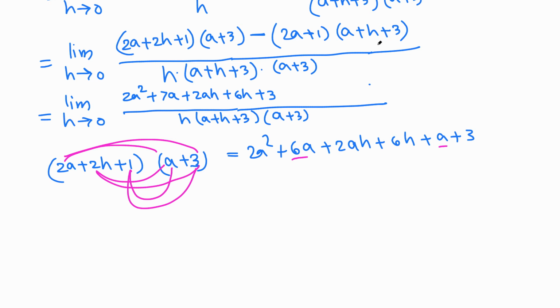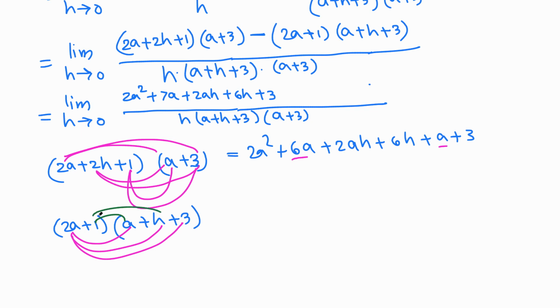Now we need to do the same thing here. So we got 2a plus 1 times a plus h plus 3. So we multiply 2a by 1, 2, 3, then for 1 it's the same thing, 1a, 1h, 1 times 3.